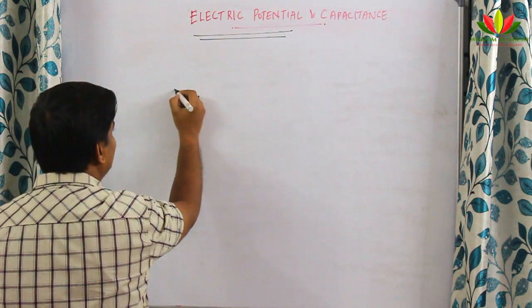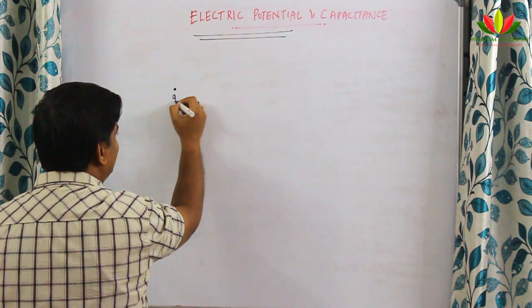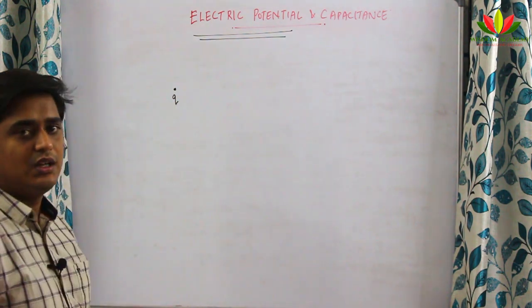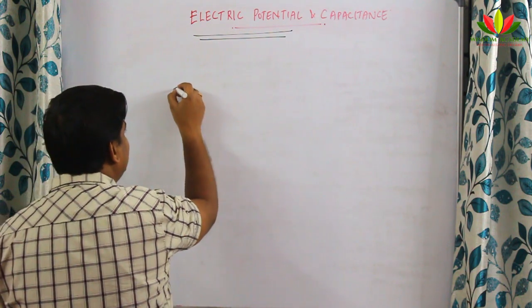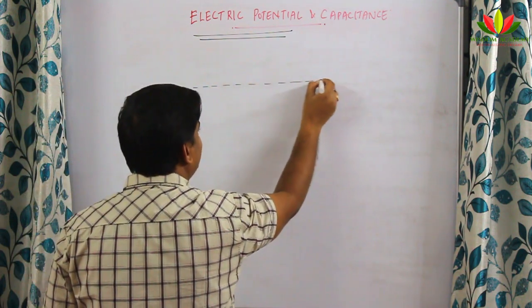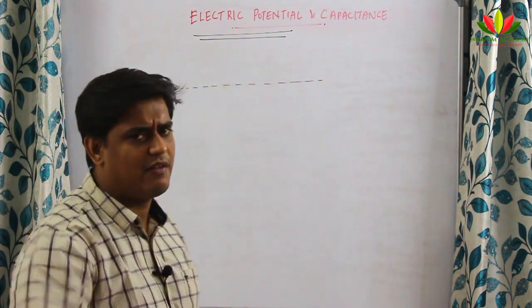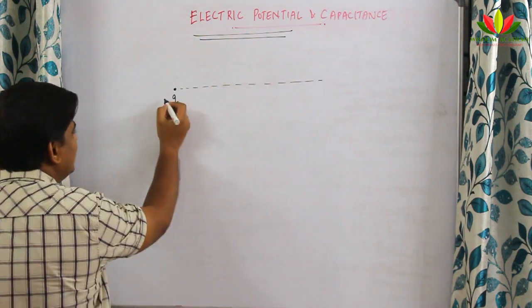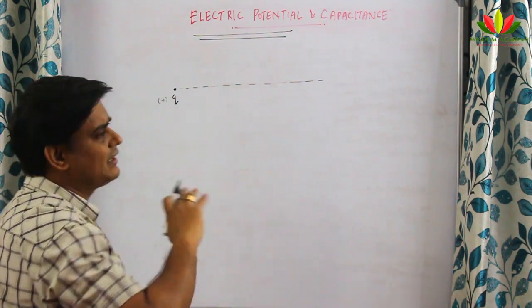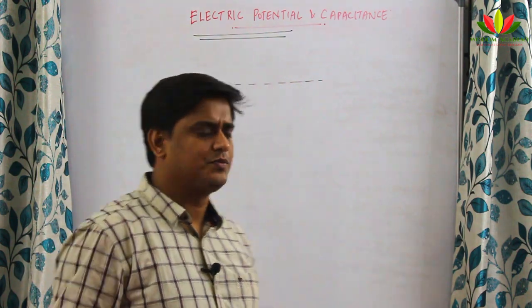Let me assume that there is a charge Q kept at this point. Definitely this charge will have a field around it. It will have an electric field radially outwards. If it is a positive charge, then it will have an electric field radially around it, right?